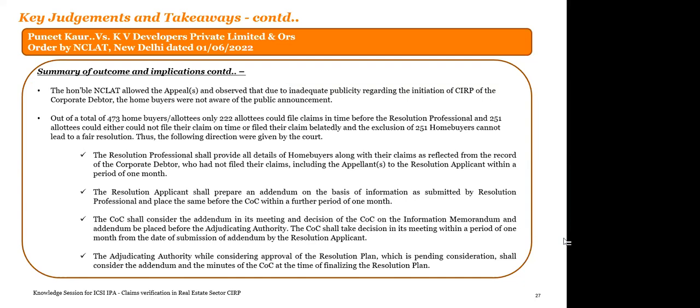Here comes the number I was discussing: out of a total of 473 home buyers, allottees, only 222 could file a claim and 251 didn't, which is a substantial number, around 60% of the entire allotment capacity of the project.